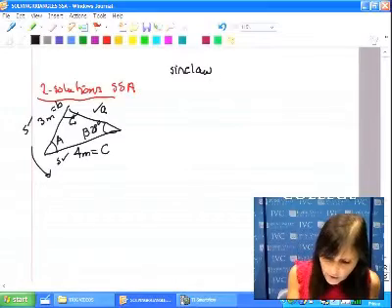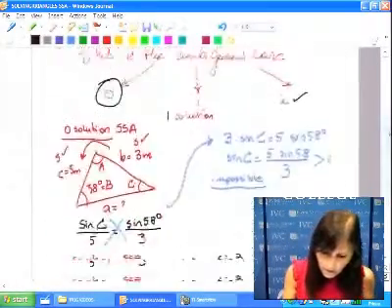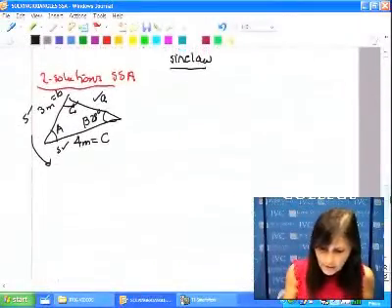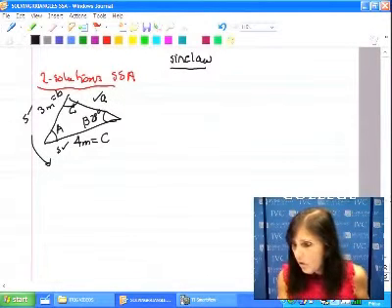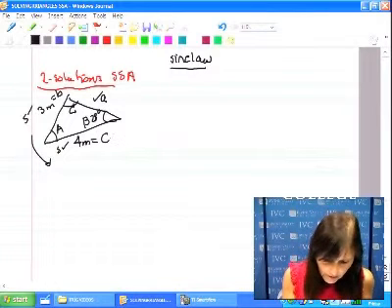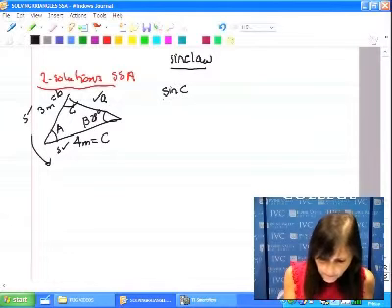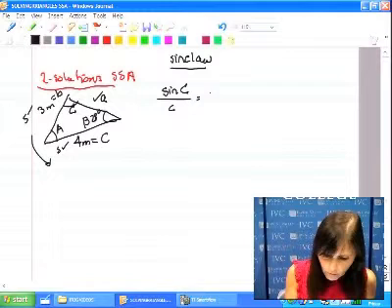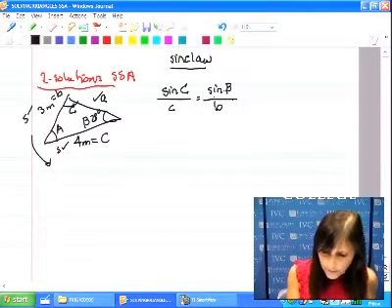Now let's remember, did we do that for all 3 of them? I did use sine law. So even though this is an ambiguous case, I start with the sine law. So let's write it down. Since I know the side, I will put sine C over little c is going to equal sine B over little b.